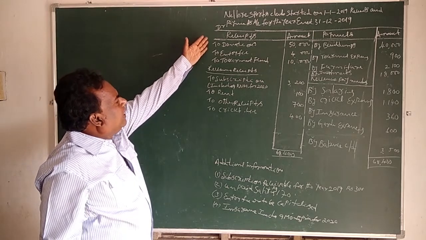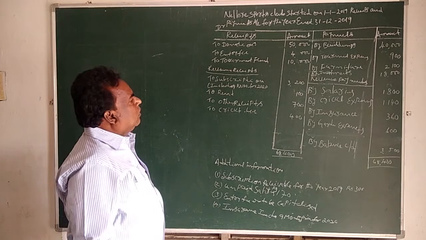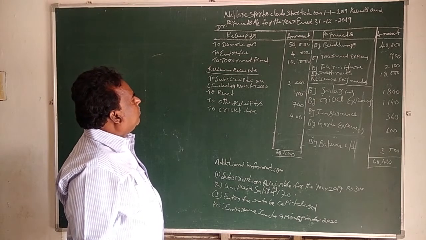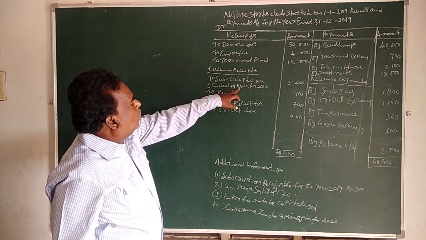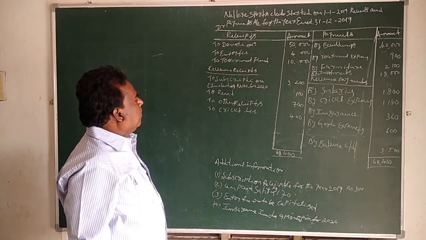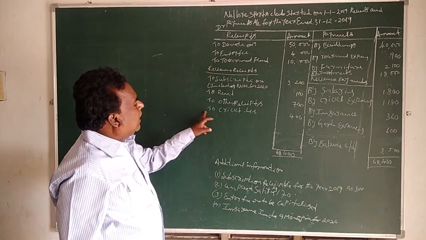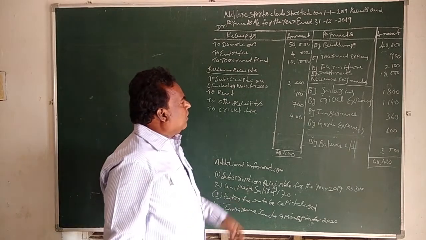These are the capital receipts. Revenue receipts: subscriptions 3,200, including 100 received in advance for the year 2020. Next, rent 100, other receipts 700, cricket fees 400.